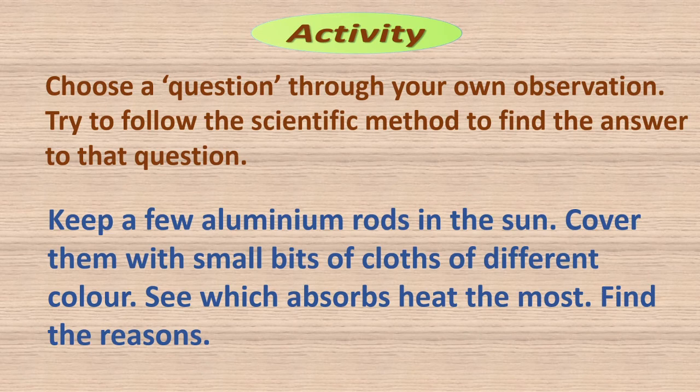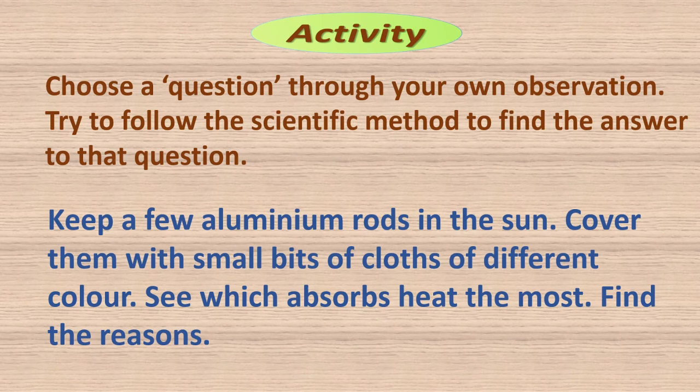In the sun, you have to keep some aluminium rods that we get in our house. And you have to cover these aluminium rods with the small bits of clothes of different color. One should be black, one of them should be red, one of them should be white, yellow, green, etc. Okay?